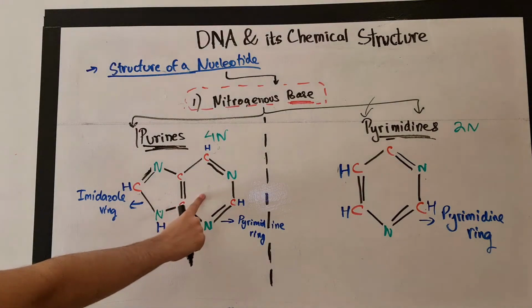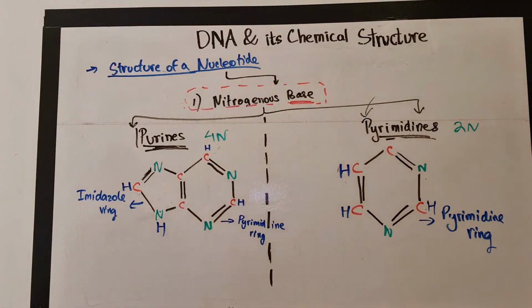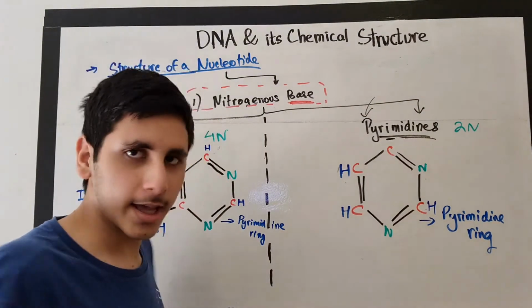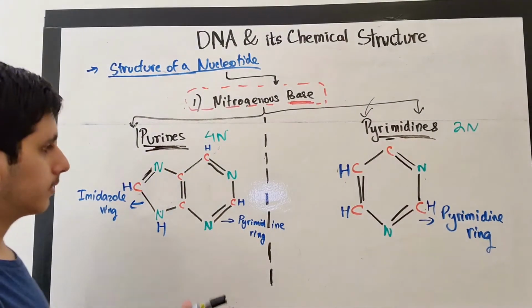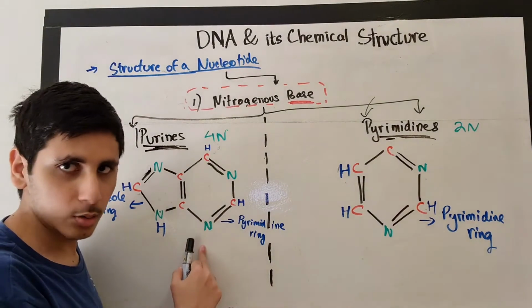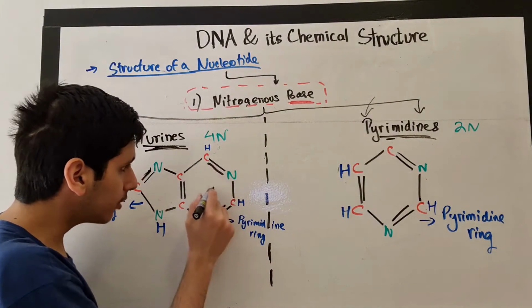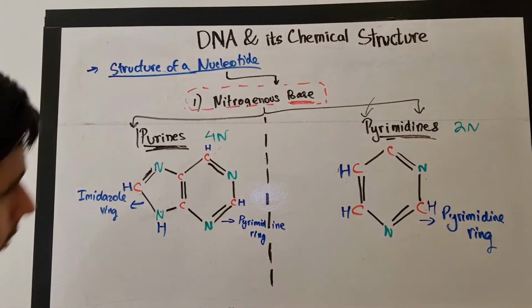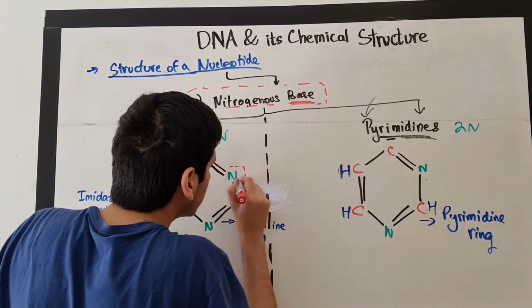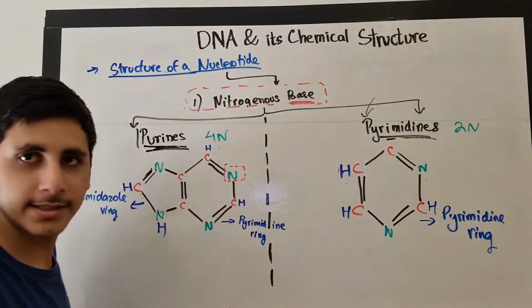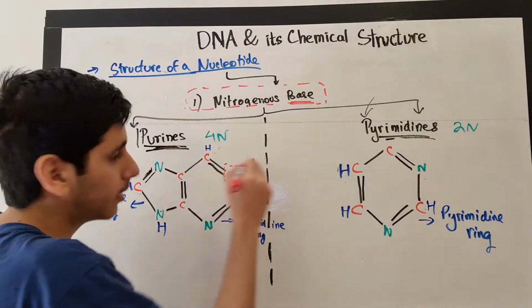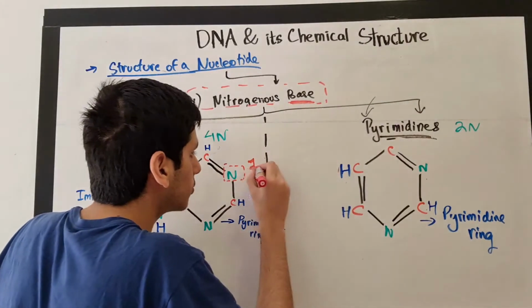Once we identify it, we number from the nitrogen atom in the upper half. There are only two nitrogen atoms in this ring, one below and one above. The upper one is the nitrogen atom where we'll start the numbering. So this is 1, not prime, just position 1.